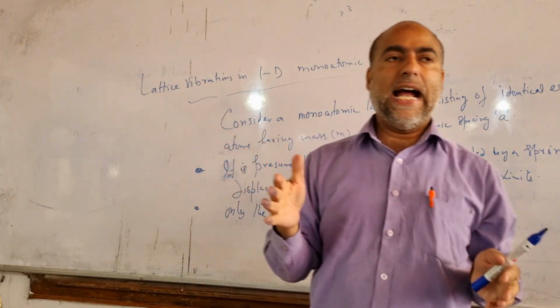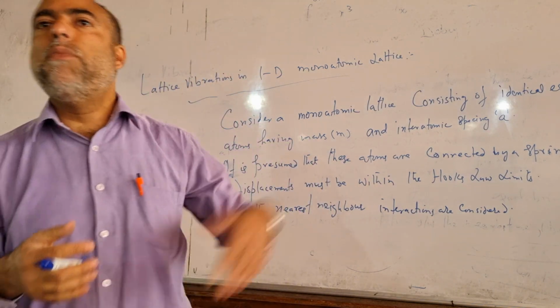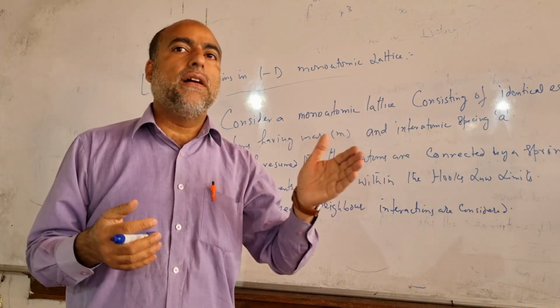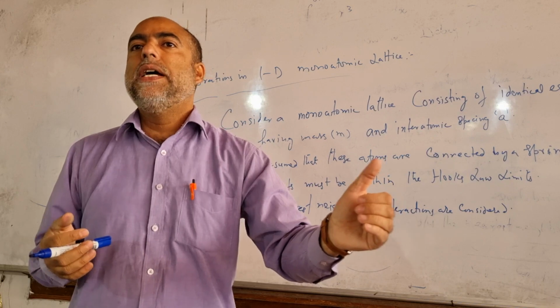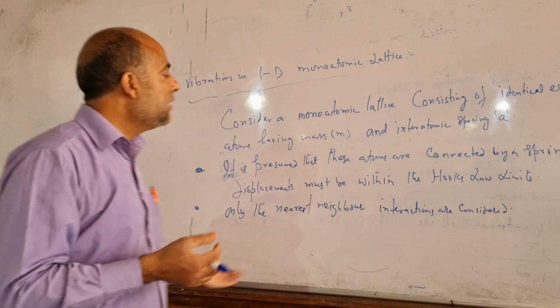So the problem becomes very, very complicated. That's why the model puts a restriction, and the interaction is taken into consideration only between the nearest neighbors.